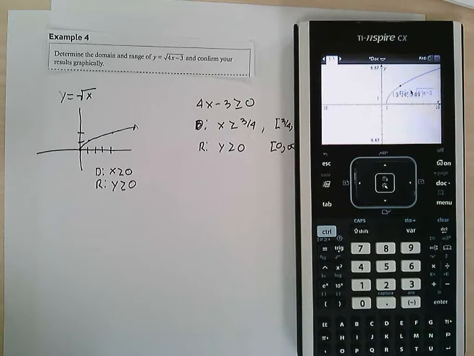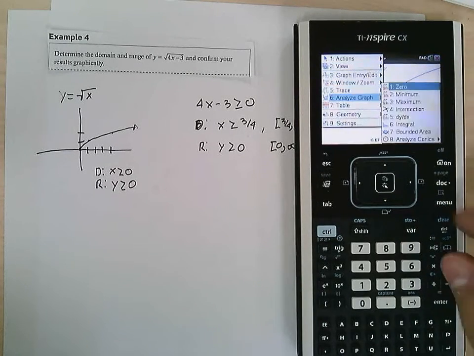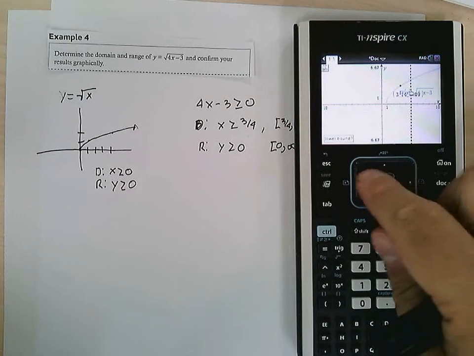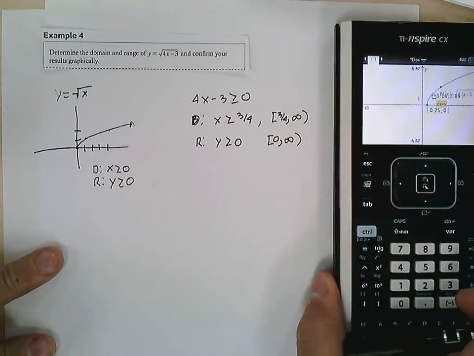There you go. Now I'll analyze the graph. This time I'll find a zero, where it equals 0, and I can scan across, and you can see it's 0.75, 3/4 like we found. And there you go, now we've confirmed.